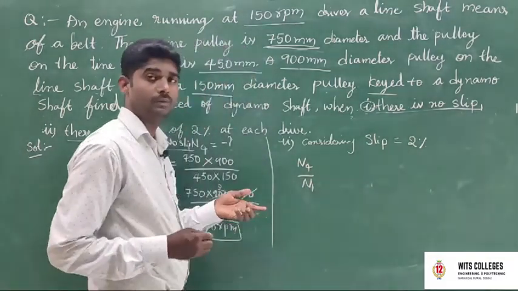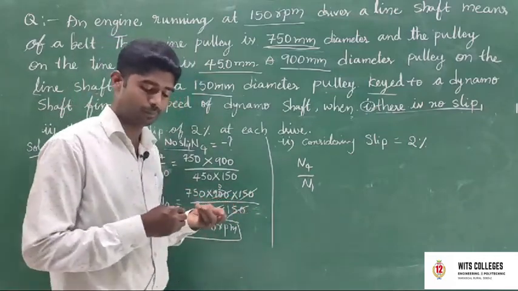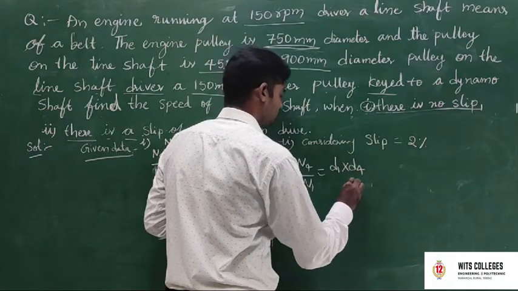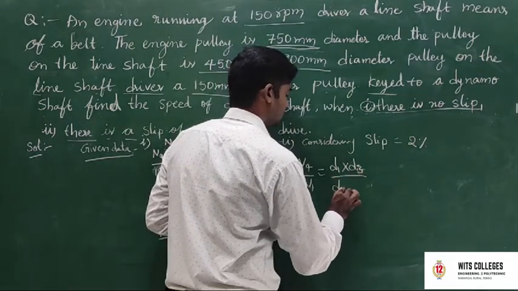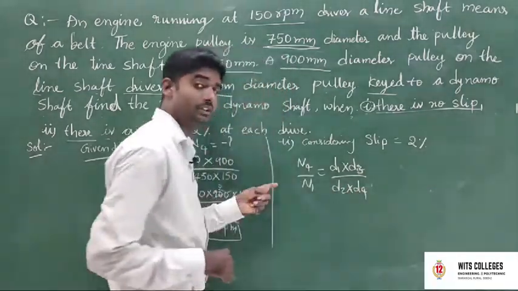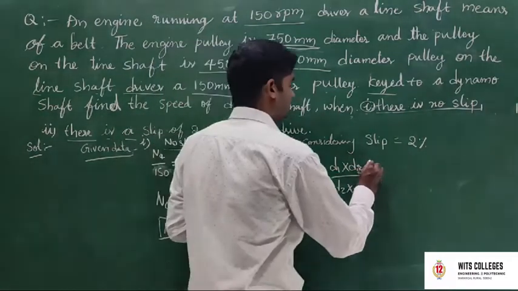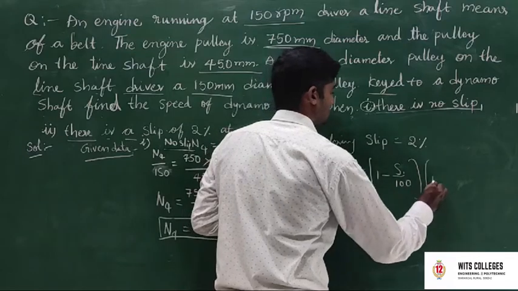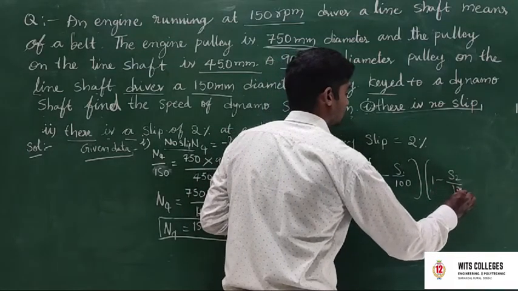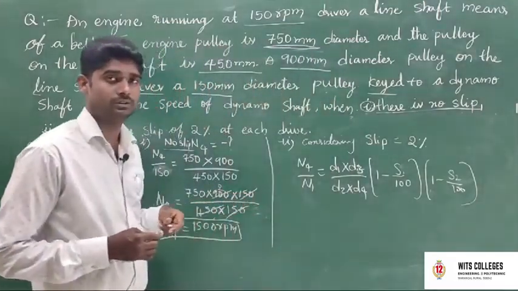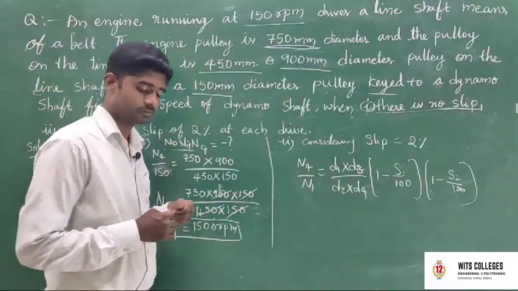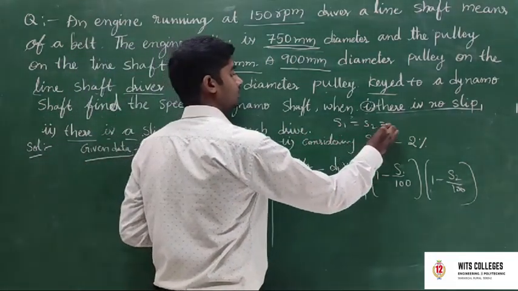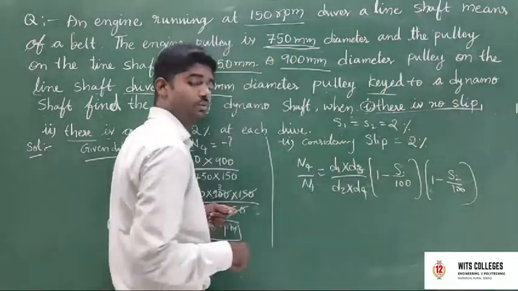For the compound belt drive, N4 by N1 is equal to D1 into D3 by D2 into D4, and with slip there are two slips, into 1 minus S1 by 100 into 1 minus S2 by 100. In this question, S1 is equal to S2 equal to 2%.